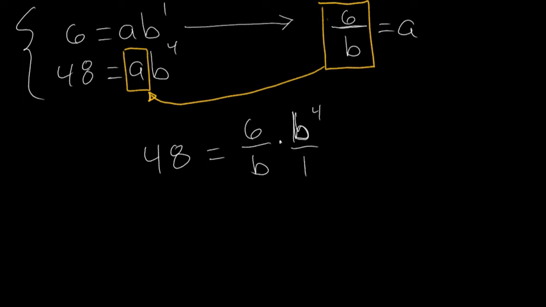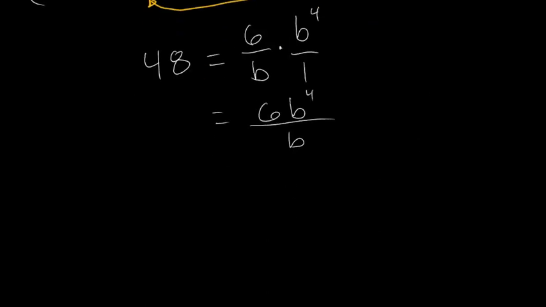It helps to see that the four factors of b are in the numerator. Now I can clean this up. That's equal to 6b to the fourth over b, which is the same as 6 times b to the third power.